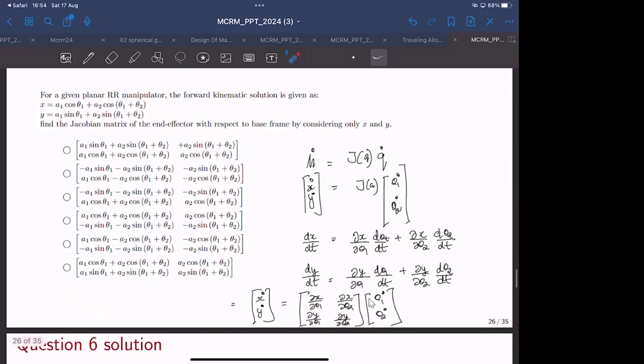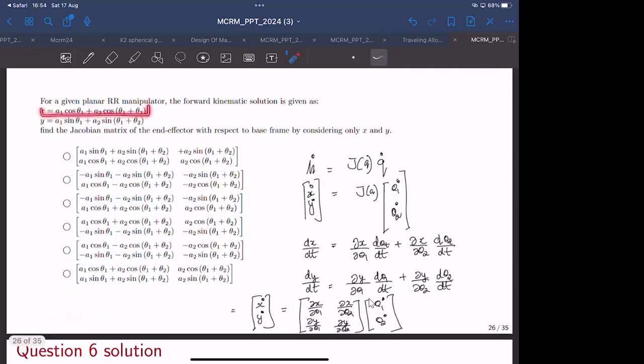Right? So you have been given X and Y, and if you take the partial derivative of X with respect to theta 1 and theta 2, you will get the first row. If you take the partial derivatives of Y with respect to theta 1 and theta 2, you will get the second row. With that, the first element would be the partial derivative of X with respect to theta 1, which has a negative sine component, and there is also a negative sine component here.